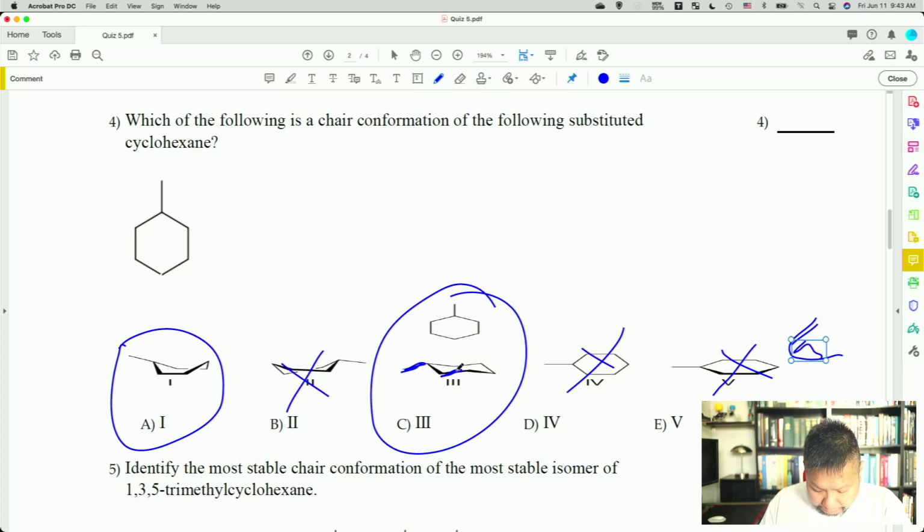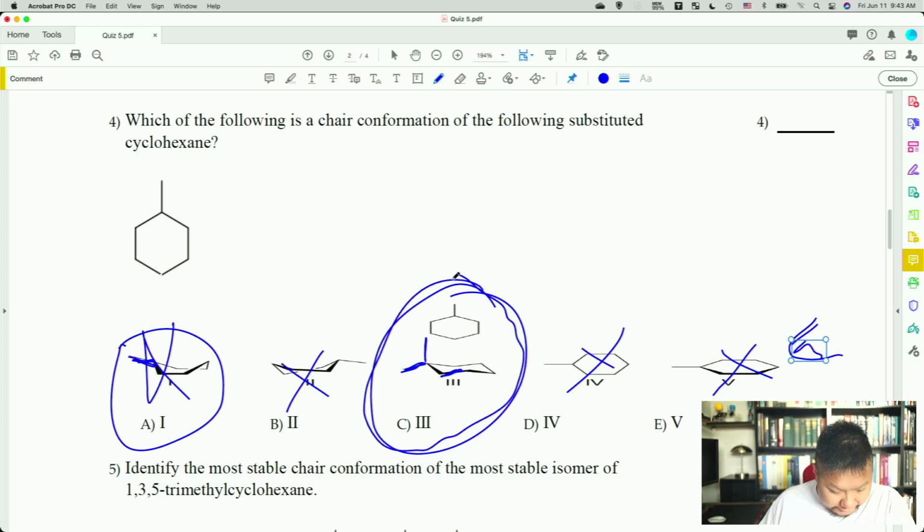Because remember, if it were axial, it would be pointed up like that. It can't be this one, because even though it looks equatorial, it's also a boat conformation. So it has to be this one, because it's asking for the chair conformation. So definitely, the answer there is C.